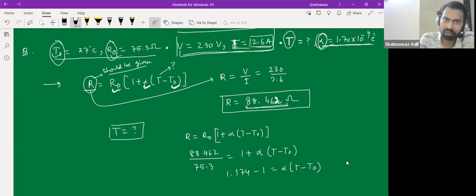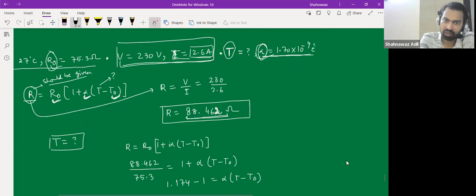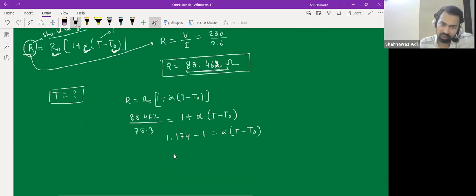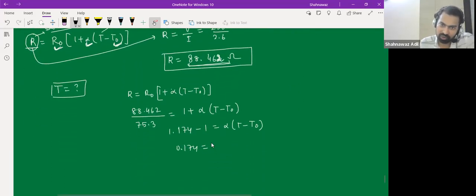So 88.462 divided by 75.3 is 1.174. Then 1.174 minus 1 is equal to alpha into (T minus T naught). So 0.174 is equal to 1.7 into 10 to the power minus 4 into (T minus T naught).